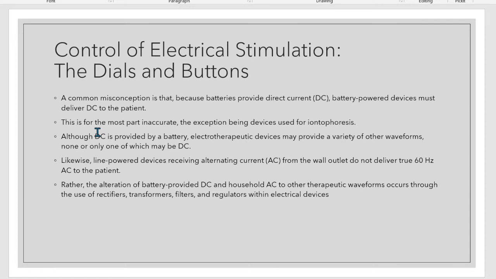Rather, the alteration of battery-provided DC and household AC to other therapeutic waveforms occurs through the use of rectifiers, transformers, filters, and regulators, which are all found inside your device.